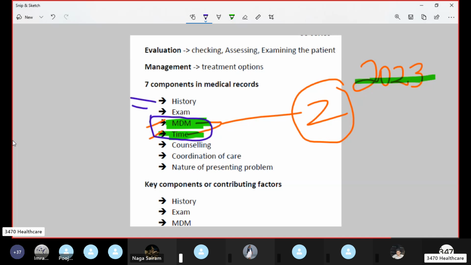Then MDM. Anyone know who will give it? What basis do we need to select MDM? What is the full form of MDM? Medical decision making. Yes, MDM full form is medical decision making.